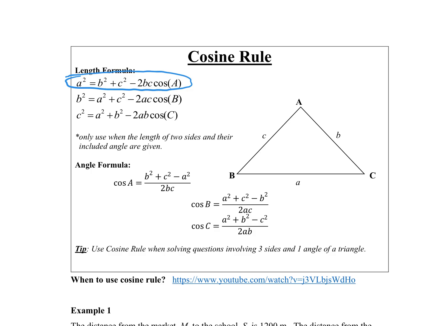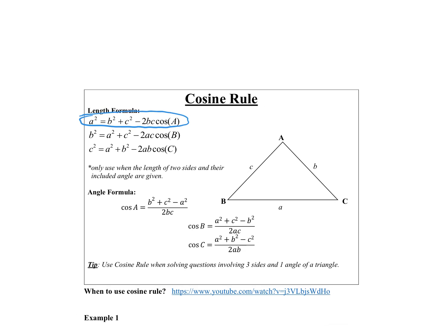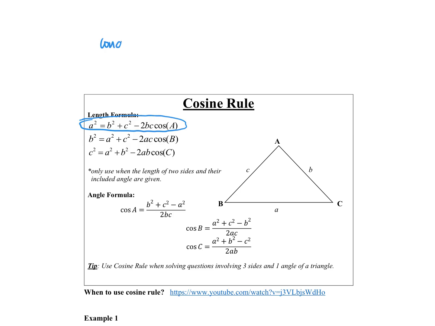You only have these 2 rules. Okay, so the 2 conditions. Condition number 1. If the triangle that you are given gives you 2 adjacent side lengths and the included angle, you can use cosine rule to find the 3rd unknown length.